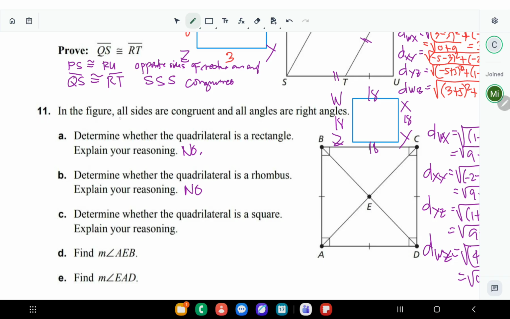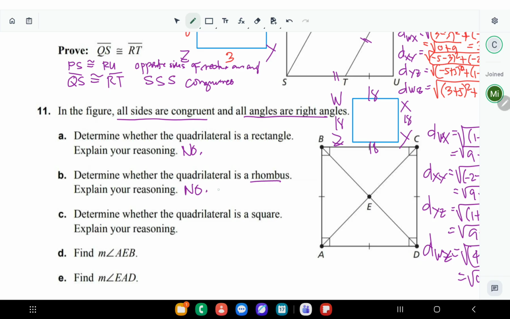So take a look at the given. All sides are congruent, all angles are right angles. For a rectangle, not all sides are congruent. For a rhombus, all sides are congruent, but the angles are not right angles. They are supplementary.